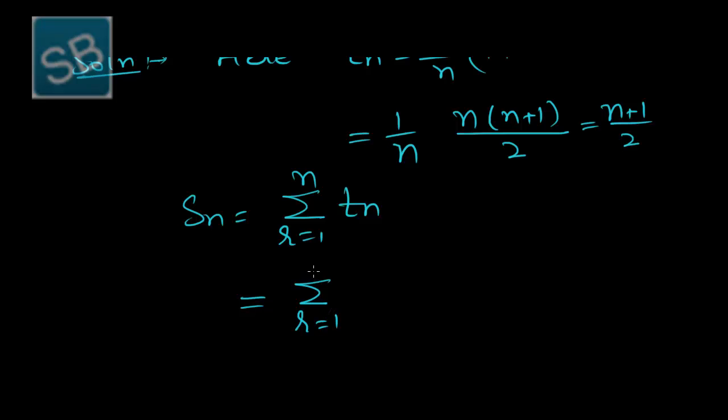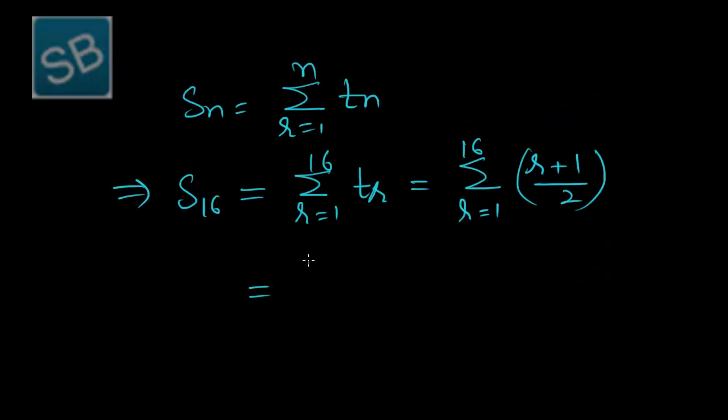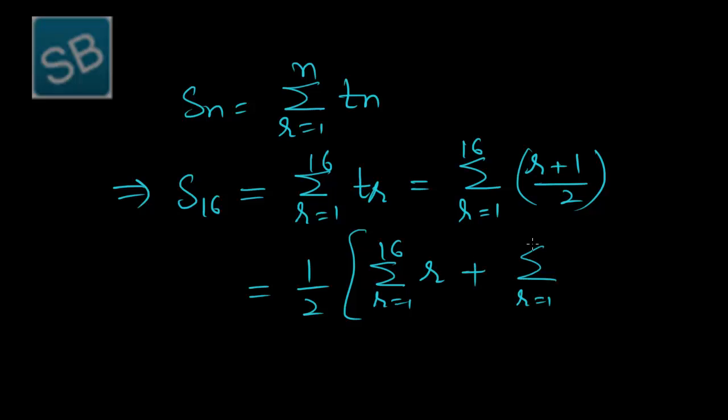Here we have to find 16 terms, so it becomes summation r equals 1 to 16 of Tr, that is sigma r equals 1 to 16 of (r plus 1) over 2. So we get half outside the bracket, sigma r equals 1 to 16 of r plus sigma r equals 1 to 16 of 1.